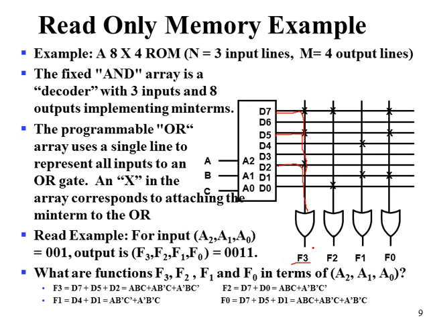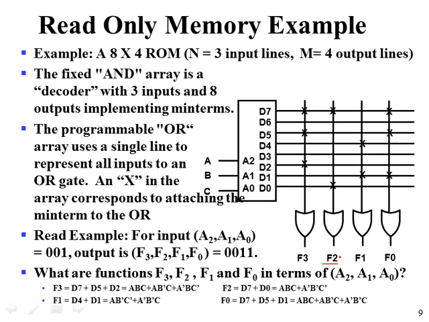I'm sorry, D2 is 0, 1, 0. D5 is 1, 0, 1. The D7 is 1, 1, 1. So output F3 implements a function of those 3 minterms.